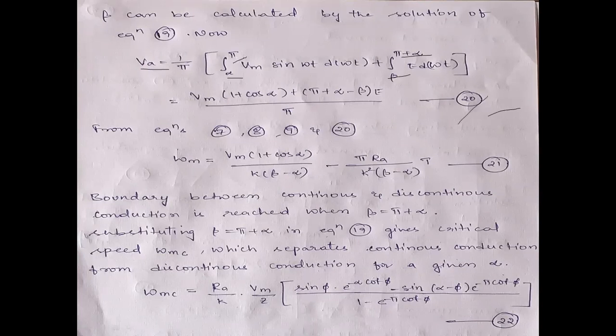If you put beta equal to pi plus alpha in equation 19, it gives the critical speed omega mc, which separates continuous conduction from discontinuous conduction.